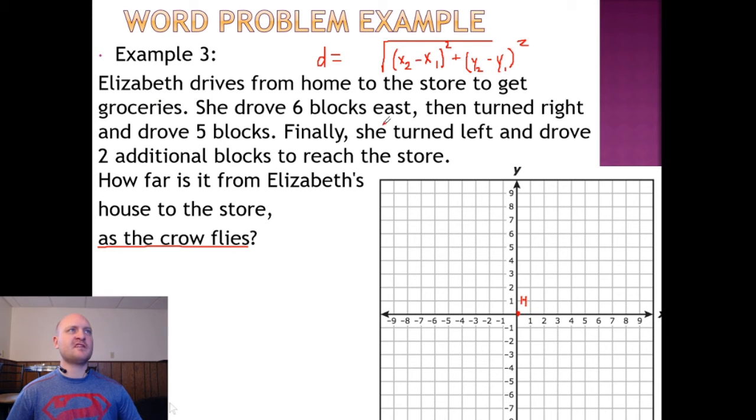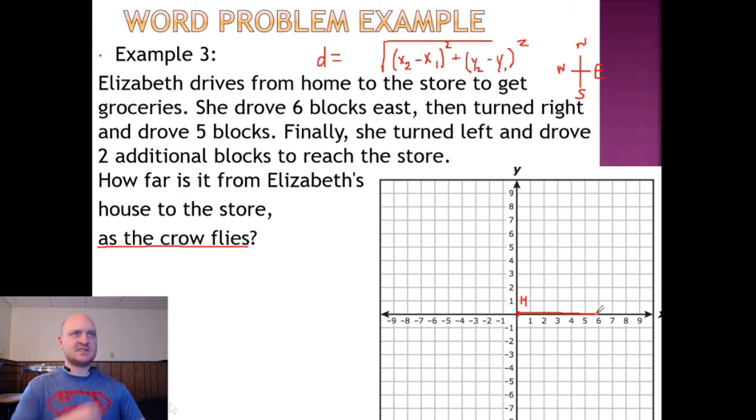So she's going to drive 6 blocks east. I know I've got this labeled X and Y, but we can also use the cardinal directions north, east, south, and west. So east would imply to the right. So 6 blocks east. So we'll draw that out to 6.